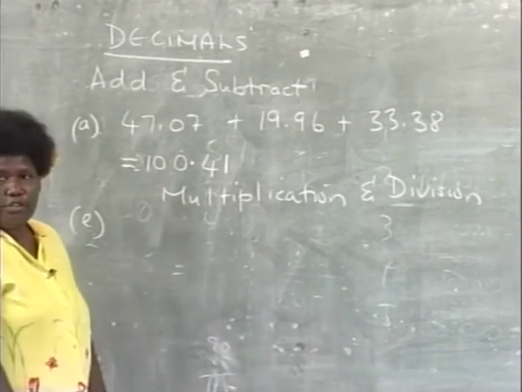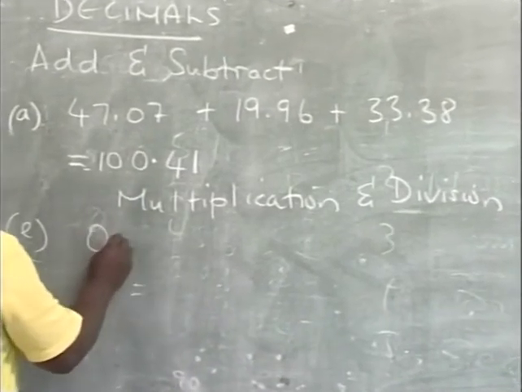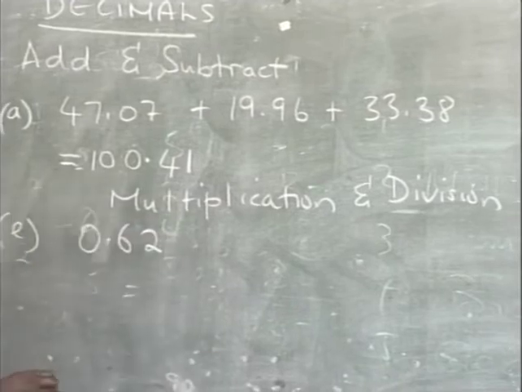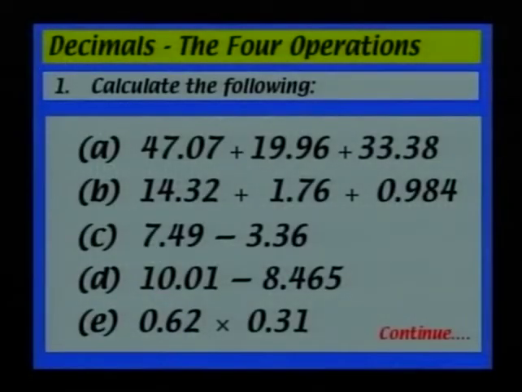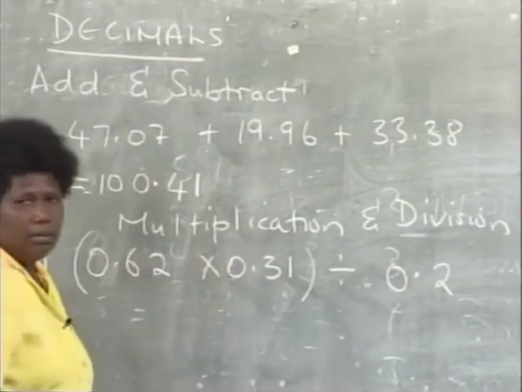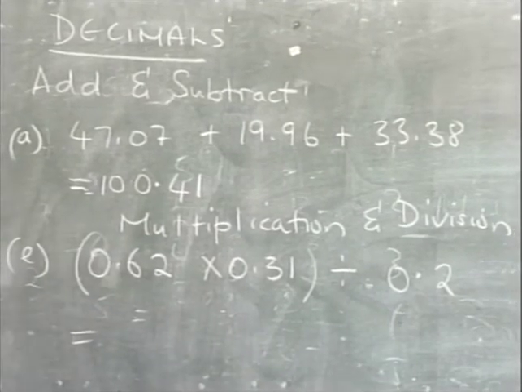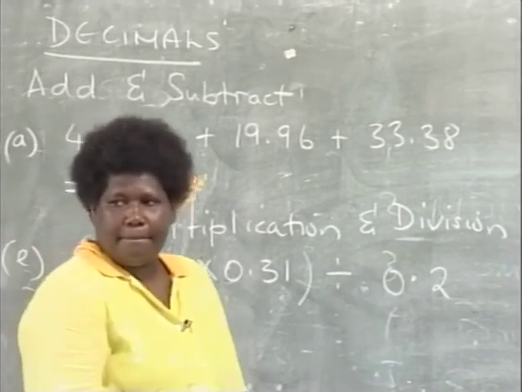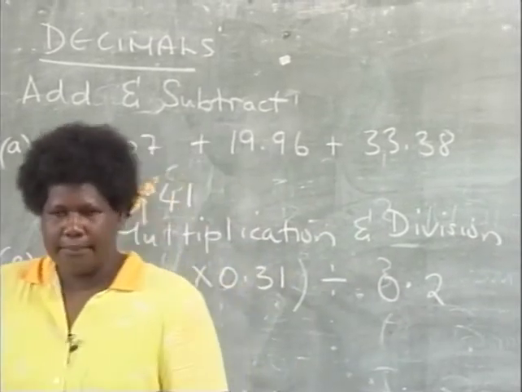Okay, I'm going to change letter E a little bit. I'll write it as 0.62 multiplied by 0.31, divide the answer by 0.2. Okay, I am multiplying 0.62 times 0.31. I want the rule for that. Miriam?